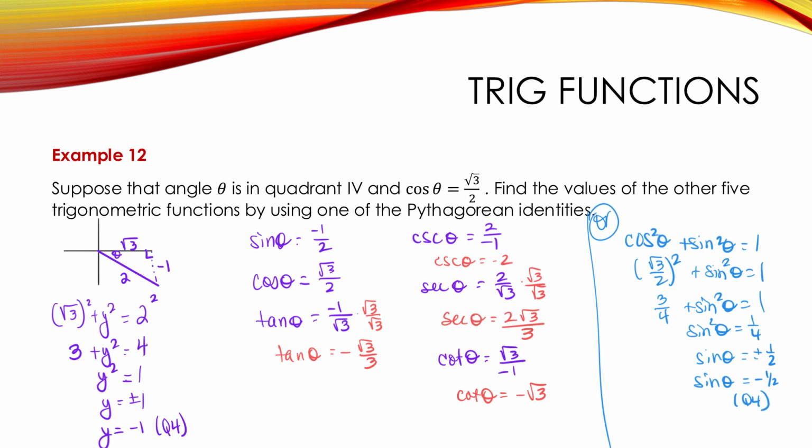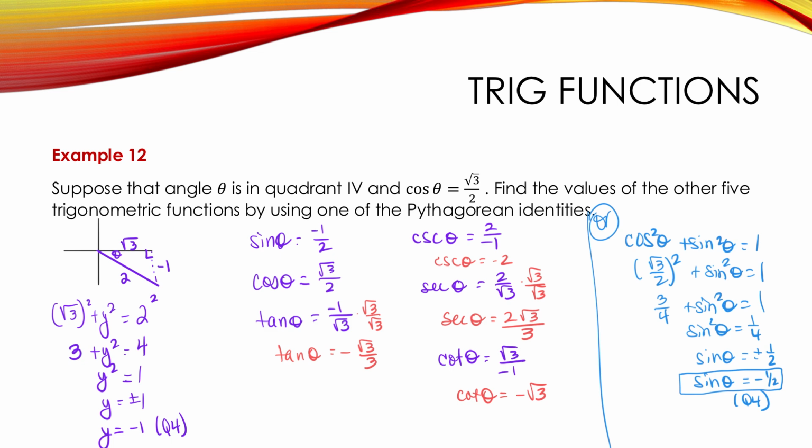And then you could go about finding 1 over sine. You already have cosine, you can find 1 over cosine, and you'd have to use sine and cosine to find tangent and then cotangent. So it's a little easier sometimes when you have cosines and sines because you can go ahead and find tangents. But it just takes, I feel like, a little bit longer to go this way. But if this part makes sense to you, you can absolutely do it this way.